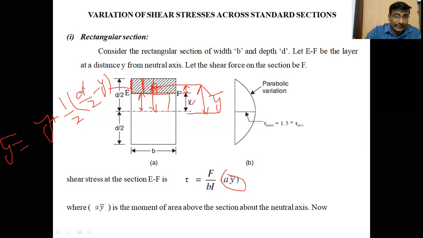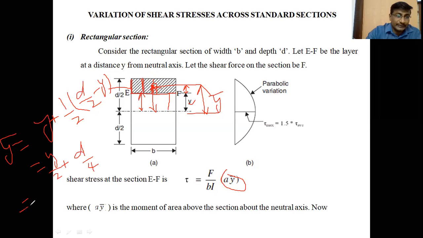The total height is d by 2 minus y, so half into d by 2 minus y is the remaining distance. Therefore, the total distance is y plus half into d by 2 minus y, which is y plus d by 4 minus y by 2. So y minus y by 2 is y by 2, giving y by 2 plus d by 4. This is the y bar value.